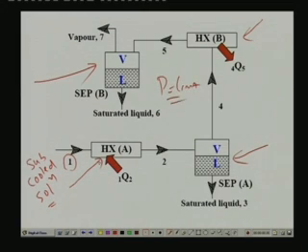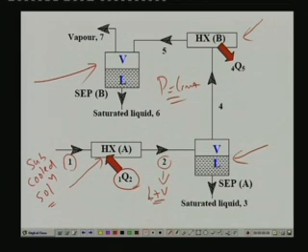So, I have taken a subcooled solution at state 1 and heated it in heat exchanger A by supplying heat 1Q2. Heat is supplied and this comes out at point 2. The heat supplied is such that point 2 lies in the two phase region, that means at point 2 you have both liquid and vapor.